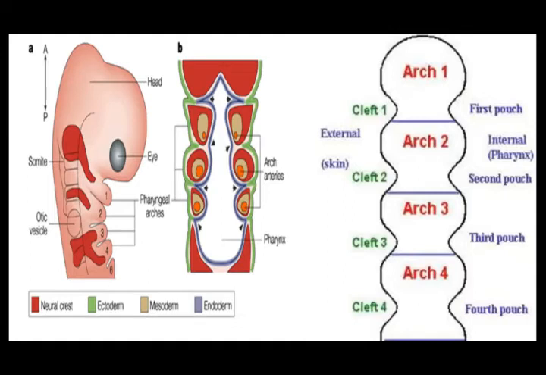So you can see the pouches are visible on the internal side where the pharynx is present. So this is their location and they appear like a pouch.